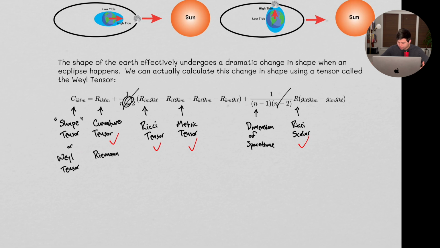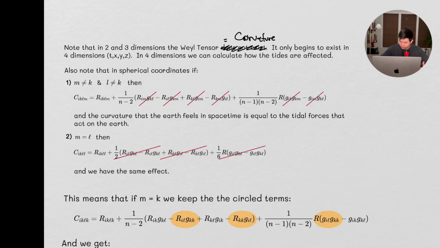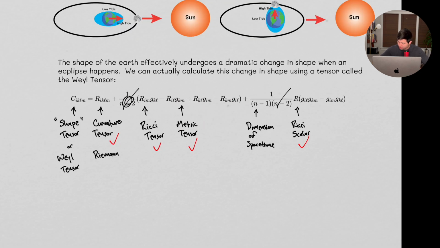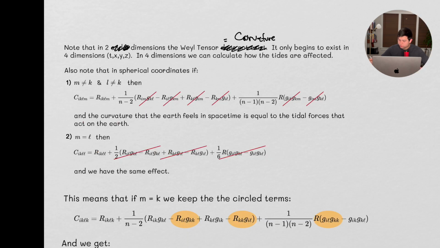Okay. And so actually what I should say here is that in 2 dimensions, the Weyl tensor is equal to the curvature, right? Because this isn't defined, this can't be defined either. So we get just that. So that's quite interesting.